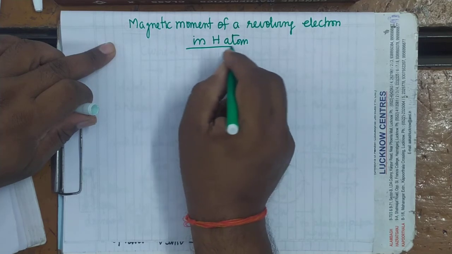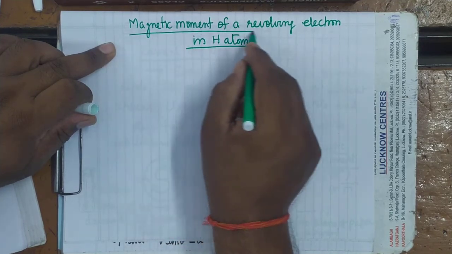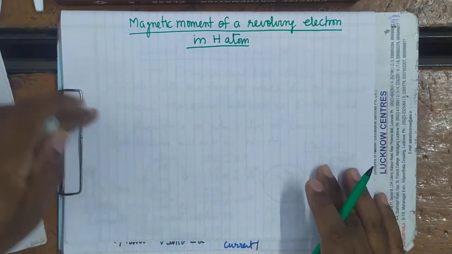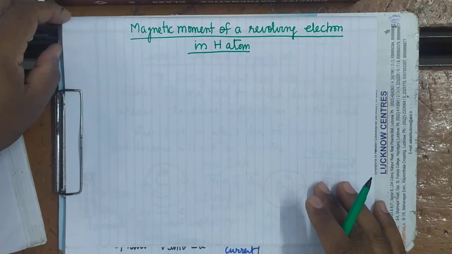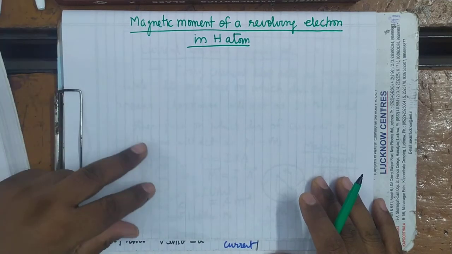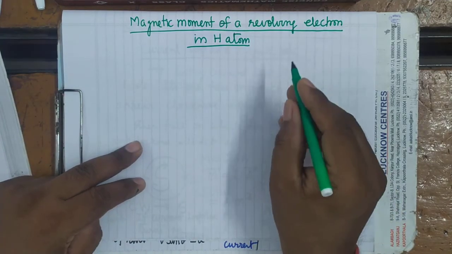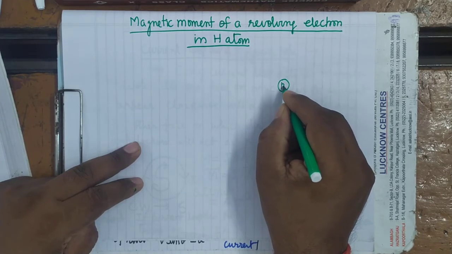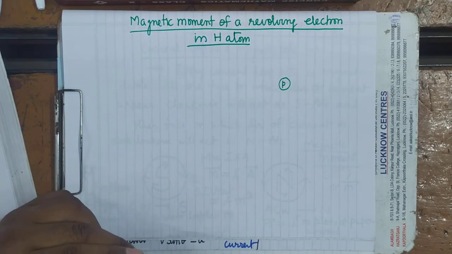Now see here, as you know, in the hydrogen atom there is one proton in the nucleus and one electron moving around the nucleus in the K shell. There is no neutron in the nucleus.